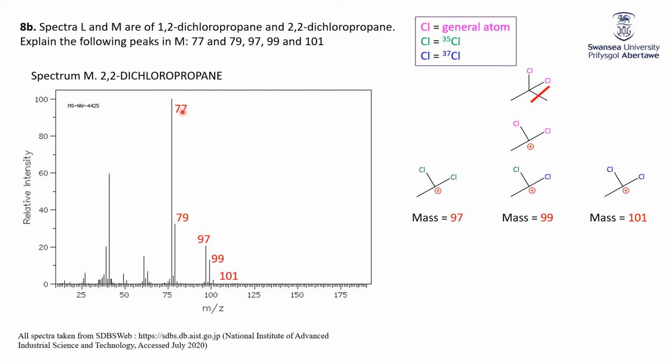So therefore, this is going to be where you lose one of the chlorines, giving us this nice stable cation here that's again a tertiary carbocation in quotes, but of course also one in which you don't have two chlorines, only one chlorine, so it's really a secondary carbocation with the chlorine there. So if this is chlorine 35, the mass is 77, nice and big. If the chlorine is 37, the mass is 79. And here again, we see that nice 1:3 ratio because there's only one chlorine position involved.